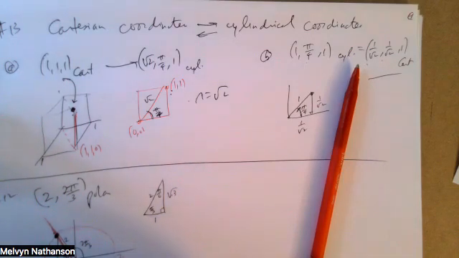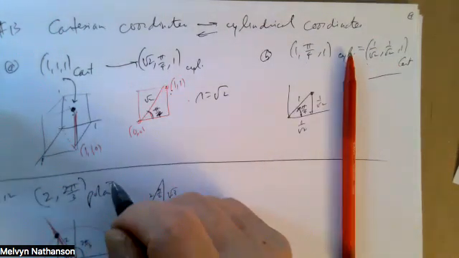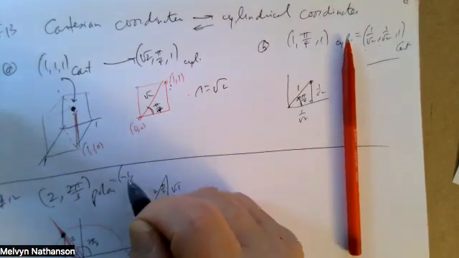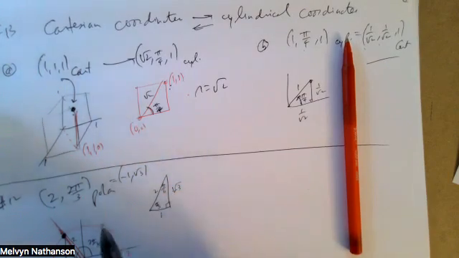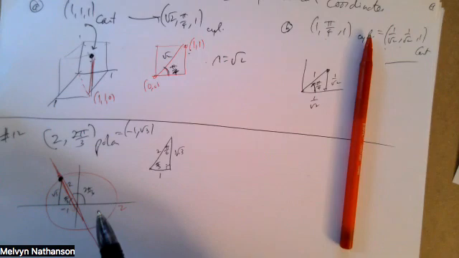So the sides of this triangle are 1 and the square root of 3. But this point lies in the second quadrant, so the x-coordinate is negative. So this will have Cartesian coordinates minus 1, root 3. I mean, you have to know this triangle, of course.